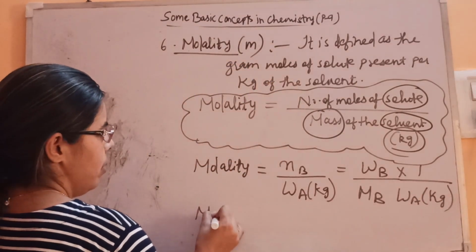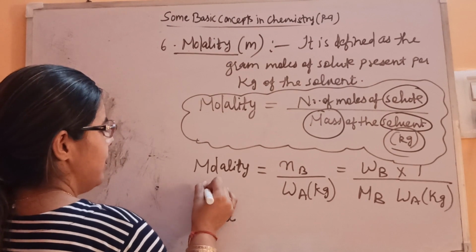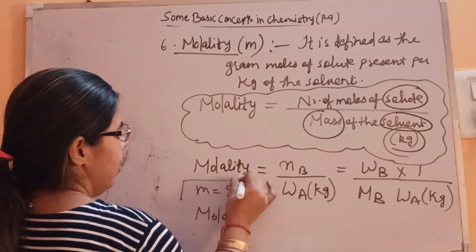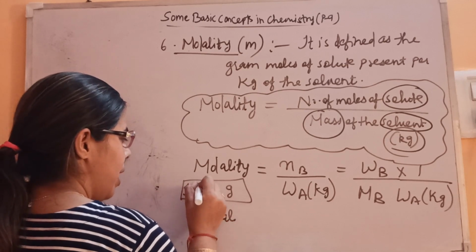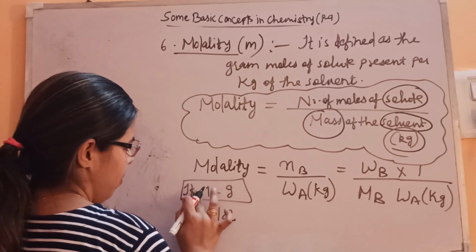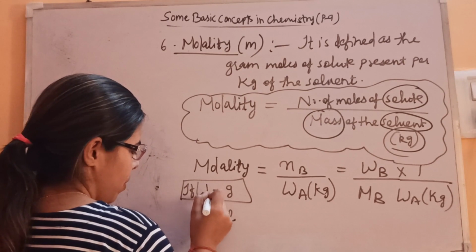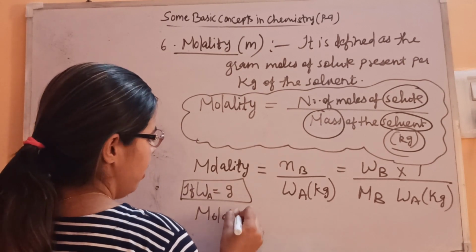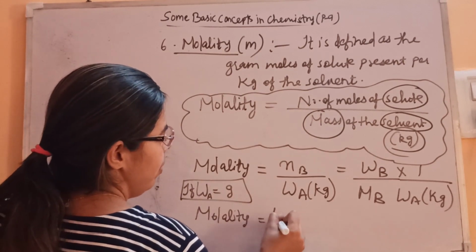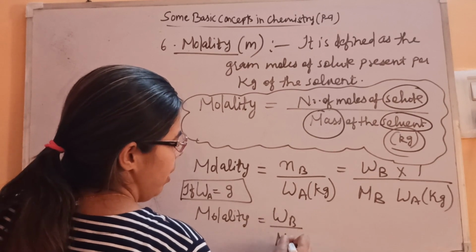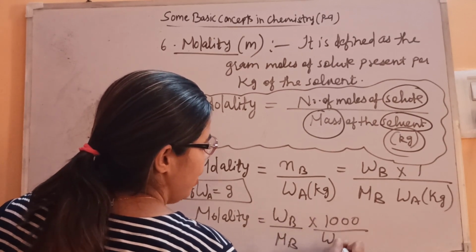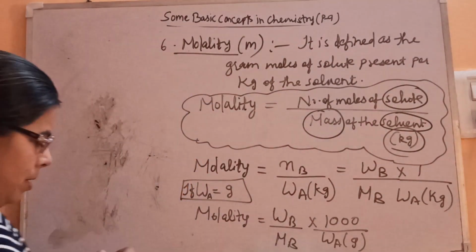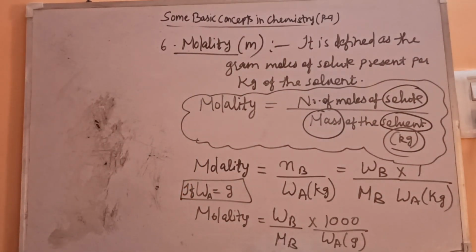Suppose WA is given in grams, then molality is equal to WB divided by MB into WA, with a factor of 1000 coming. WA is in grams.